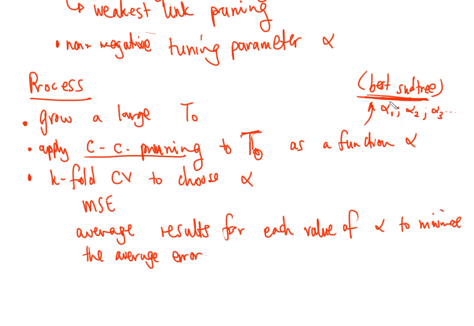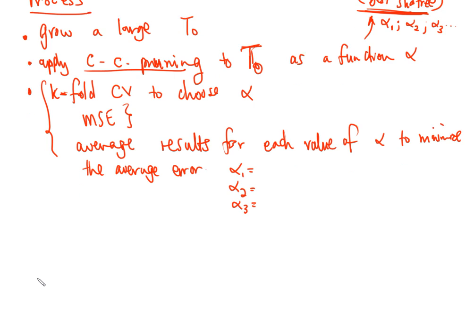For each one of these we do k-fold. For each fold we calculate the MSE, and then we average them out. The average error for alpha number 1 is this, for alpha number 2 is this, for alpha number 3. This is simple k-fold. I think we discussed k-fold in previous videos, right? And then we have our average errors for each one of them.